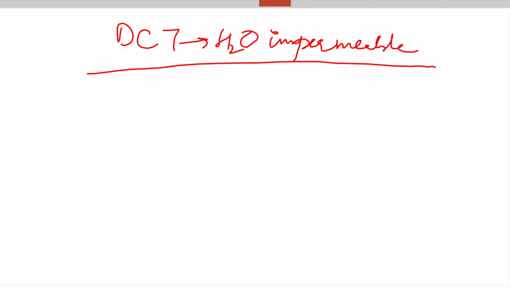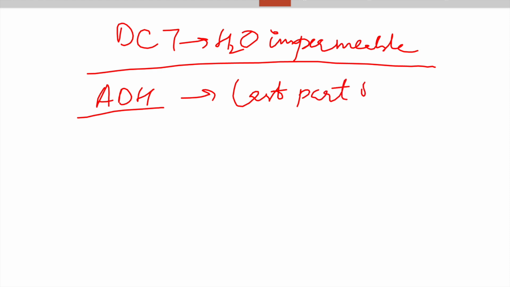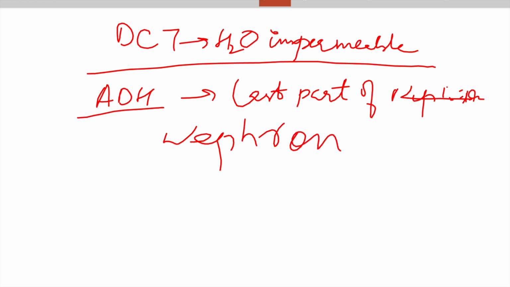Let us consider there is secretion of anti-diuretic hormone. Once anti-diuretic hormone is released, the last part of the DCT and collecting duct, we can say the last part of the nephron, becomes water permeable. So when the last part of the nephron becomes water permeable, more and more water will be reabsorbed.